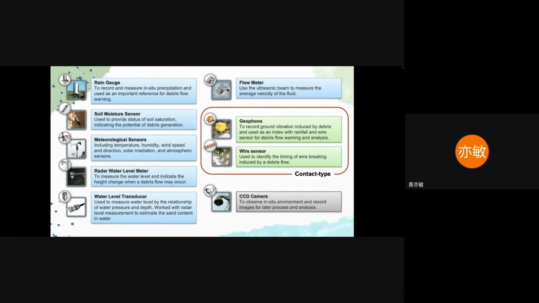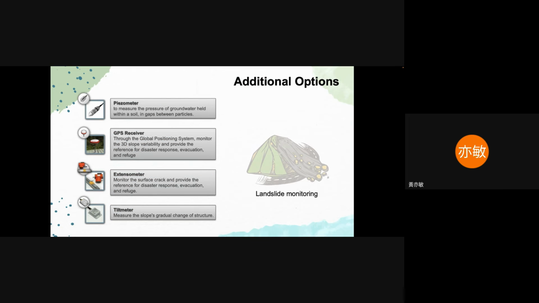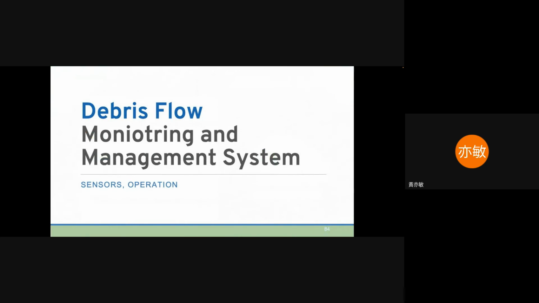The rain gauge gives you the rainfall, but the rainfall number cannot guarantee a debris flow is actually coming or not. But the geophone and the wire sensor can actually tell you a debris flow is coming. We also have some other options for monitoring the debris flow, which are similar to landslide monitoring.